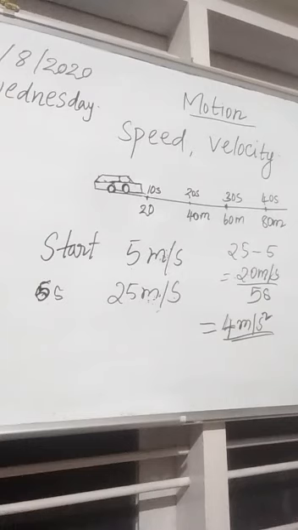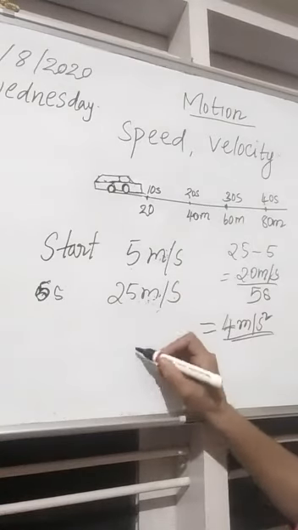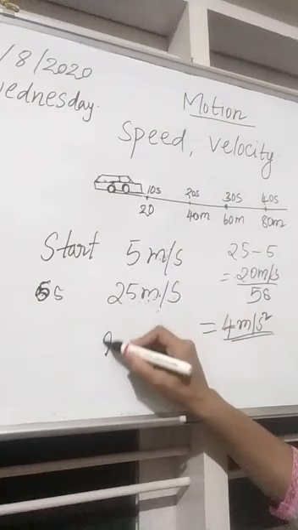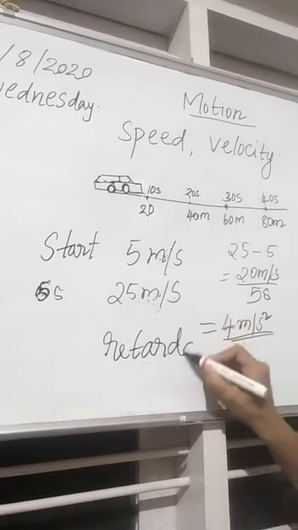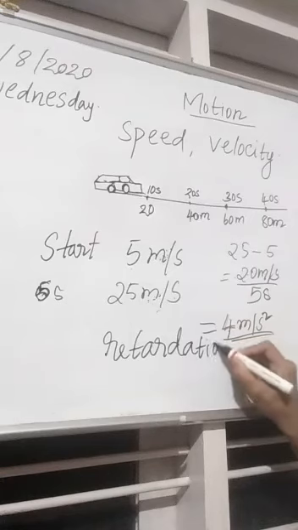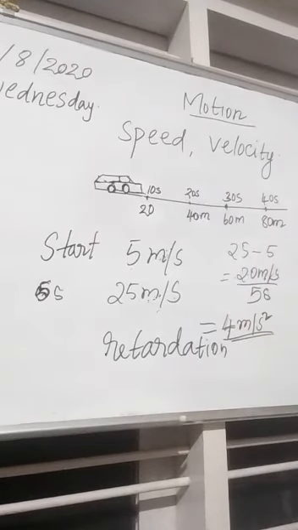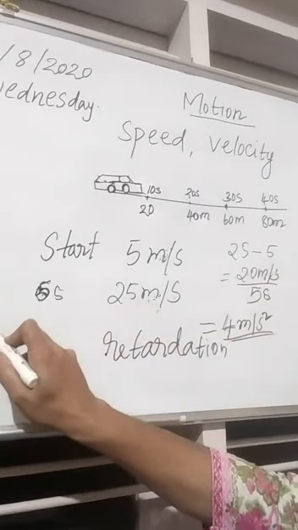Now, after starting, if the person decreases the speed, then it is said to be retardation. The opposite of acceleration, decreasing the speed, is known as retardation. So how to spell acceleration?